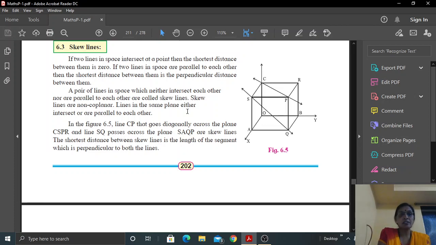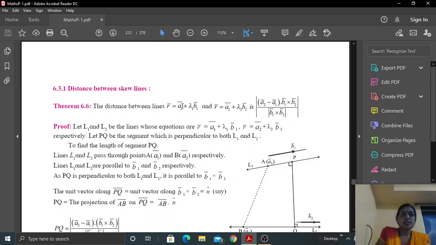Okay. Next, go to the distance between the skew lines. See here, the distance between skew lines can be given by this formula.